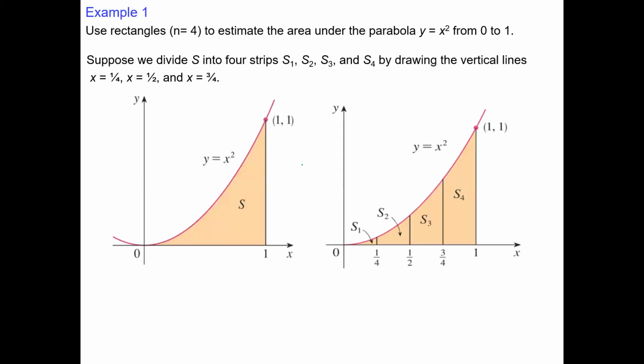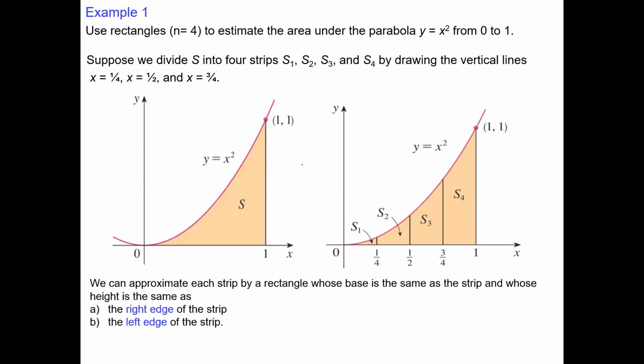We will try something like this. Okay, we have the same function, x squared, on the interval from 0 to 1. And what I will do, I will divide this region. I will use vertical lines, and in this case I just decided to use 4 because we can see 4 stripes.